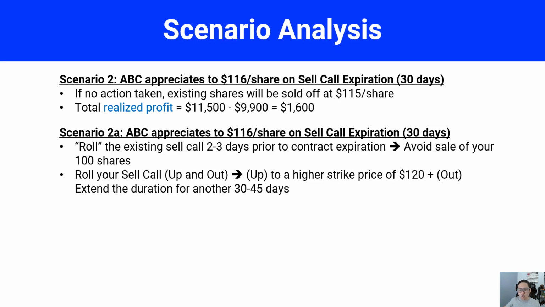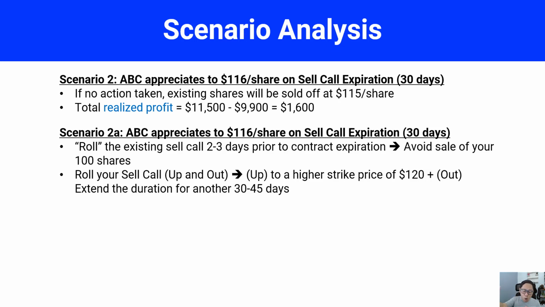When you roll your strike price up, you're shifting your strike price from the original level of $115 to say a higher strike price of $120. This is advantageous because the 100 shares you own now has got an additional $5 appreciation potential instead of being capped at the original $115 level.